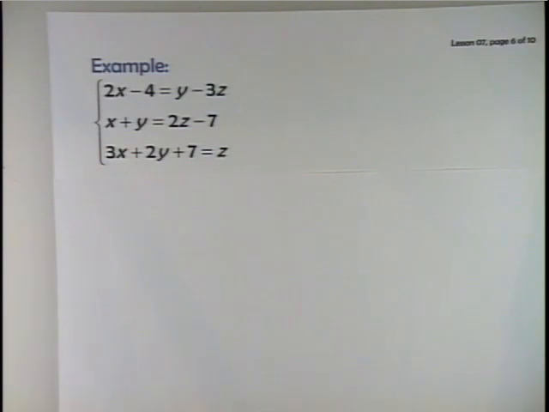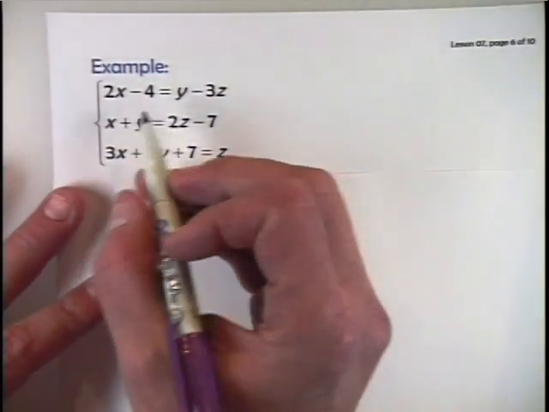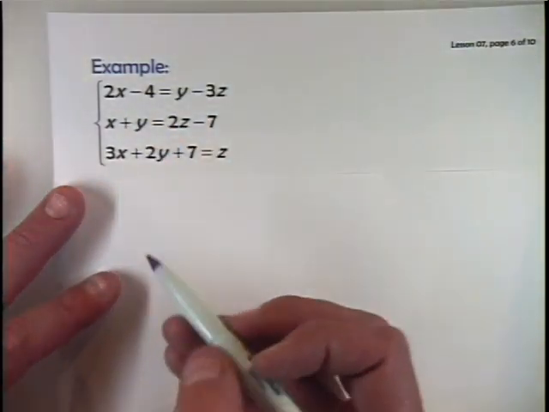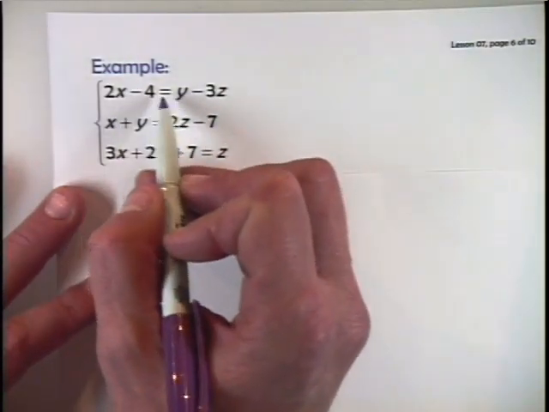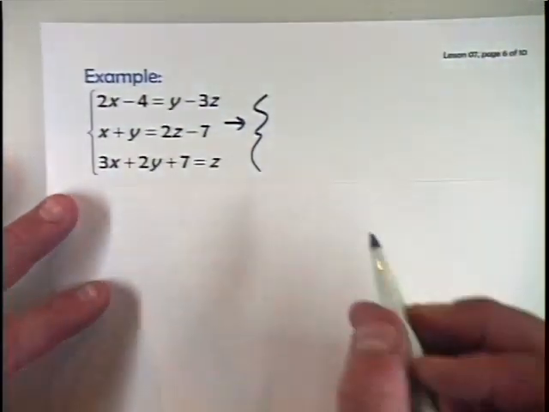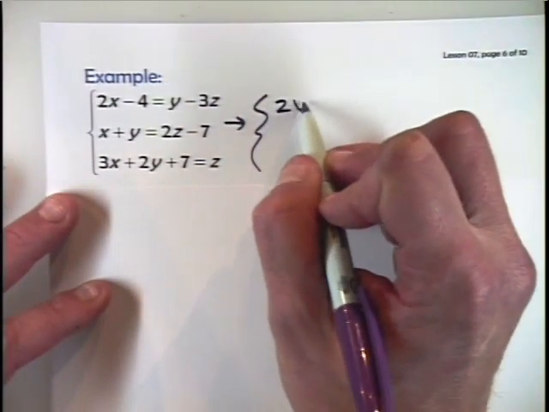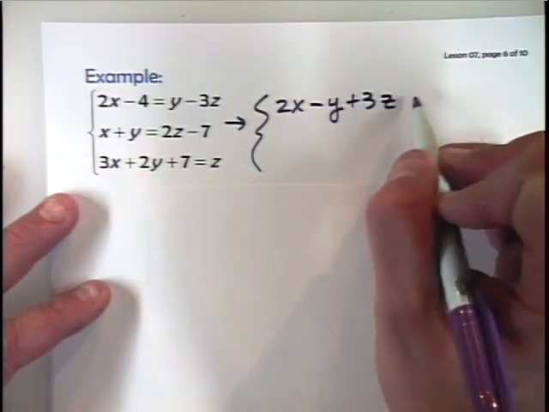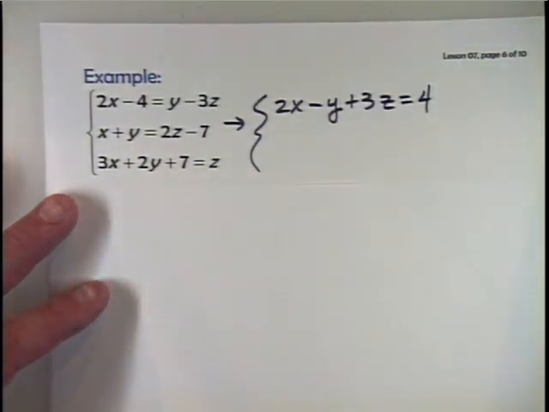Okay, so the first thing we want to do is make sure that our equations are written in the proper sequence. Alphabetical order is a typical way to go. Notice I have x, constant, y, z. So I'm just going to rewrite this entire system and write them all in the same order. That's going to be 2x minus y when I bring it across, plus 3z equals 4, getting my constants on the right.